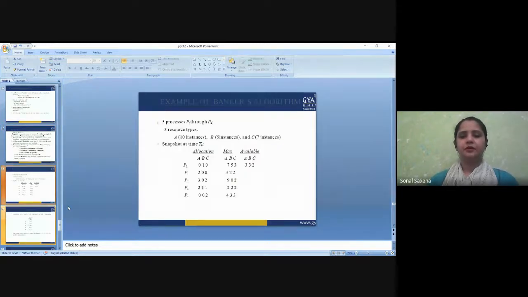So this is one example, again of Banker's algorithm. We are assuming that we have 5 processes P0 to P4.